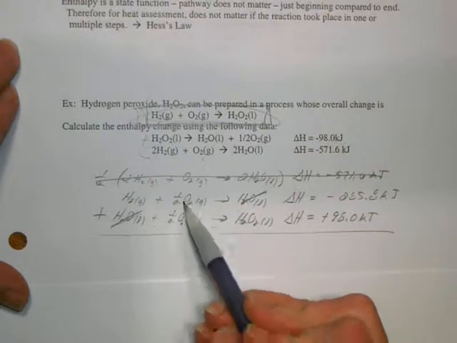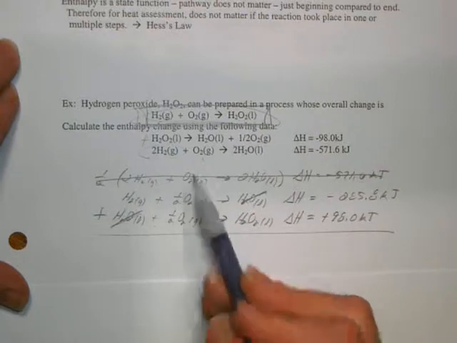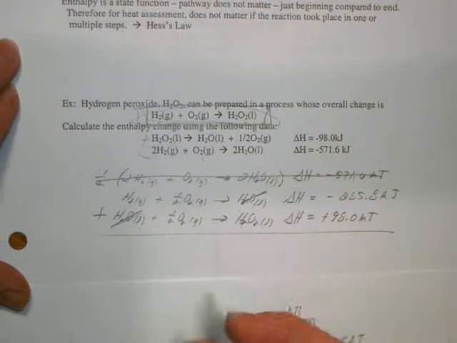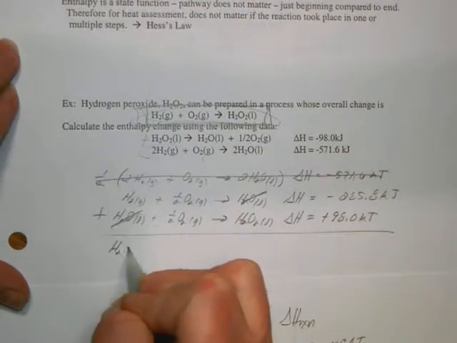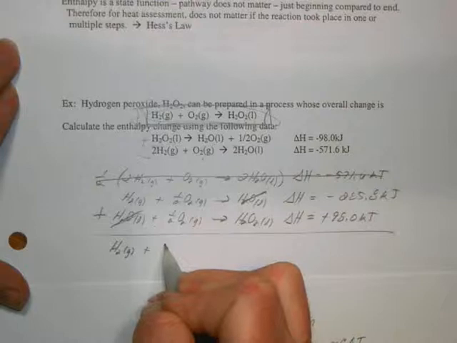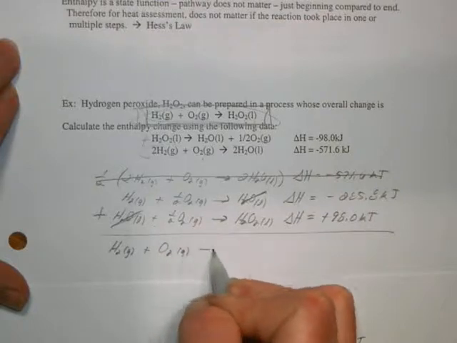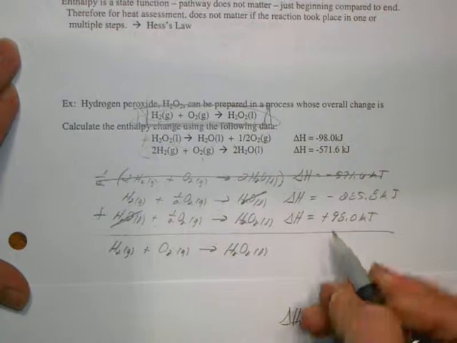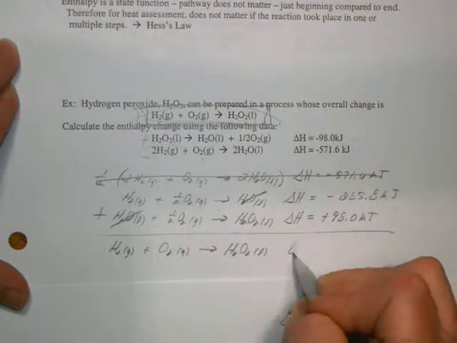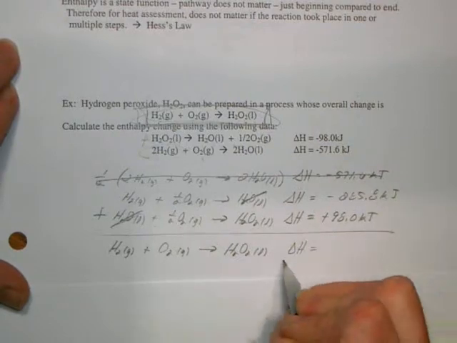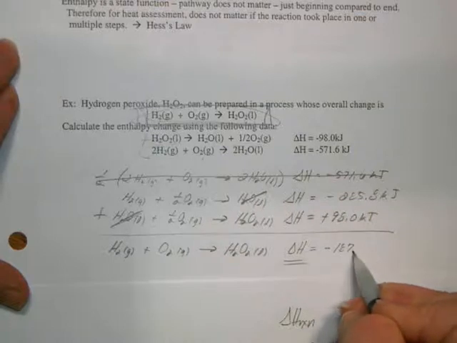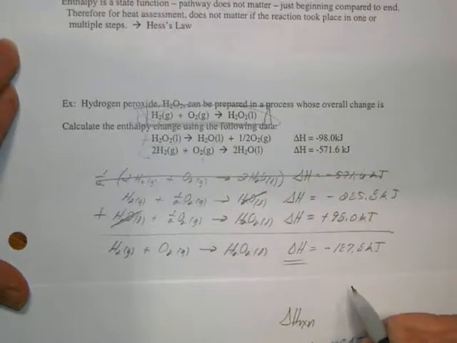Oh, and lucky us, 1/2 mole, 1/2 mole, that'll deliver the 1 mole we need. And of course the hydrogen peroxide, thank goodness, does not cancel. So what we have done through manipulation is obtained our overall reaction, and as I add my mini reactions, I can then add my enthalpy. So the enthalpy of the reaction, which was the goal of all of this, is negative 187.8 kilojoules.